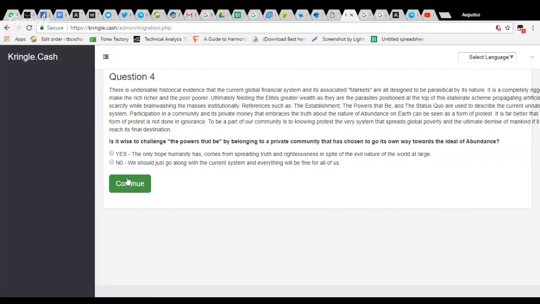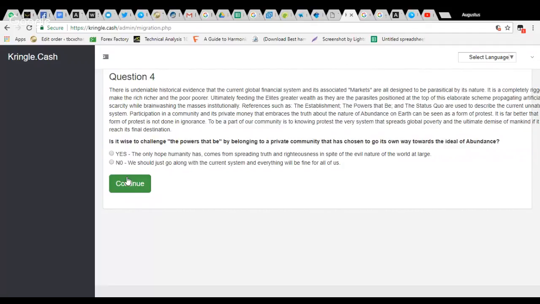The fourth question is: there is undeniable historical evidence that the current global financial system and its associated markets are all designed to be parasitical by nature.